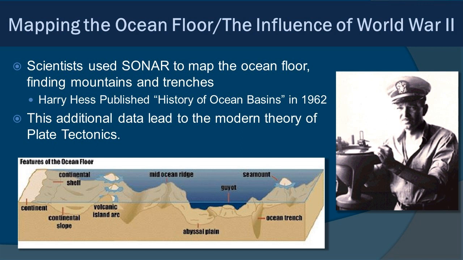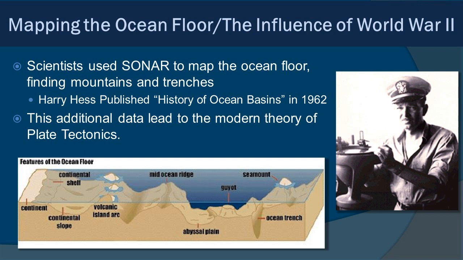So back in World War II, Harry Hess was a geologist, but also a naval officer. While crisscrossing the oceans, he not only utilized sonar to locate submarines, but also started to track ocean geology data using sonar. He eventually published what he found in History of Ocean Basins in 1962.